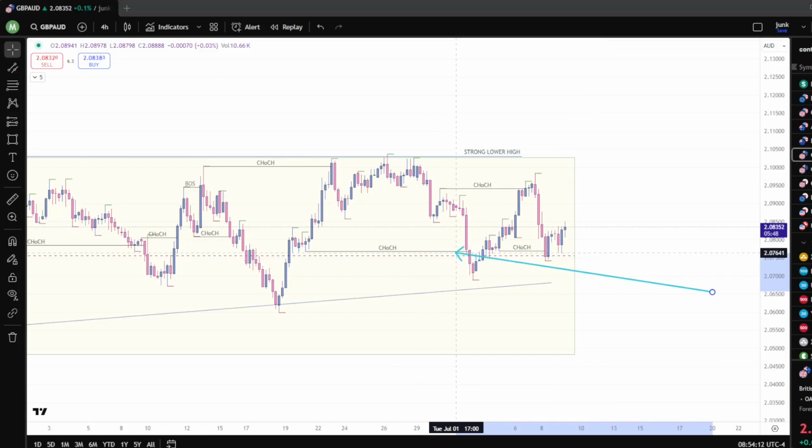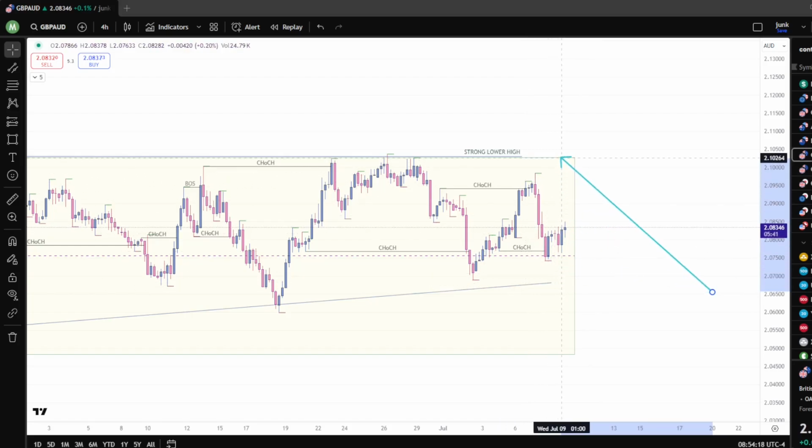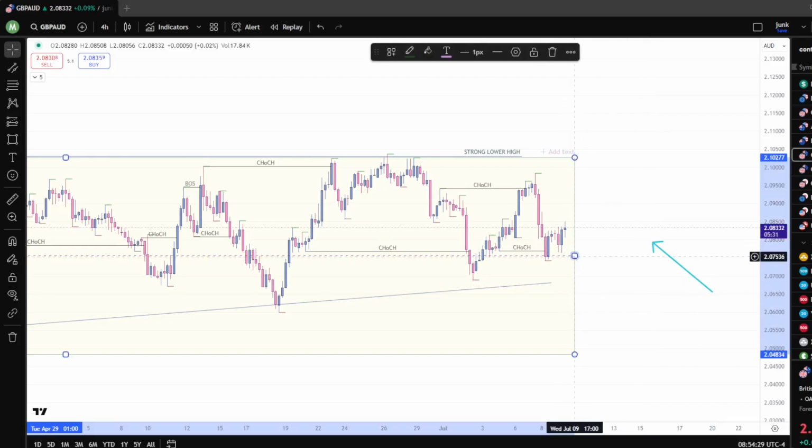Of course, structure still breaking to the downside, structure breaking to the upside, structure breaking to the downside. So no real decision made as prices still continue to squeeze in between this lower high and this lower trend line. But overall, swing structure bearish. We're looking for any type of selling opportunity if it does present itself. This could drag out a while with these cross pairs, until any opportunity presents itself.